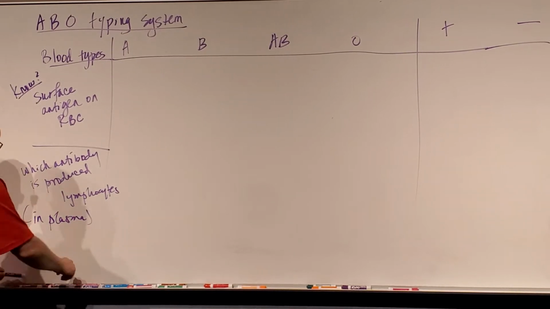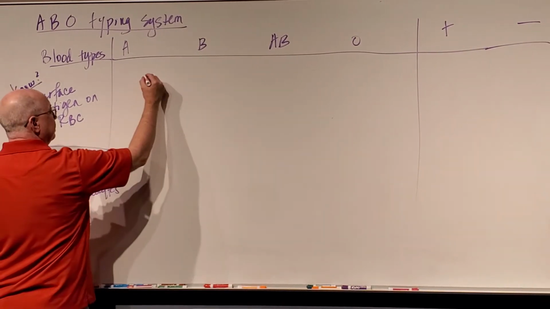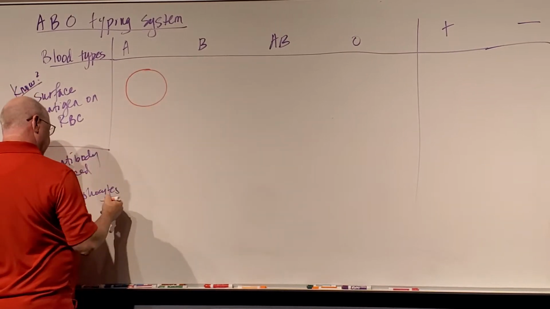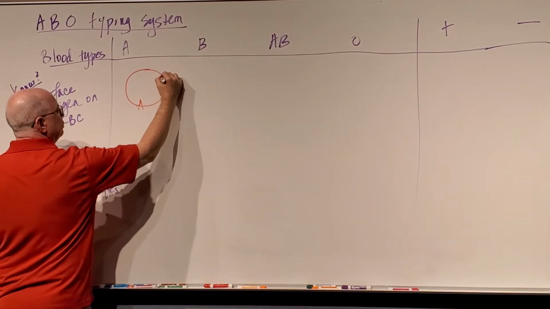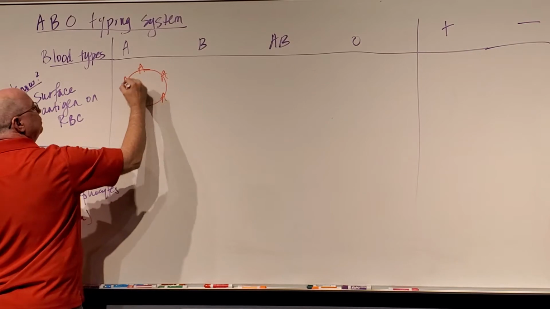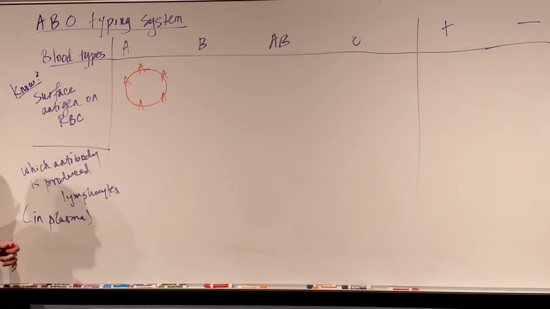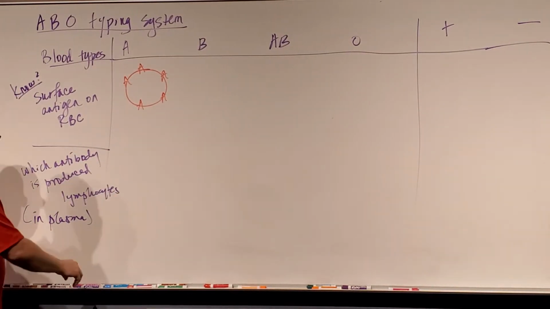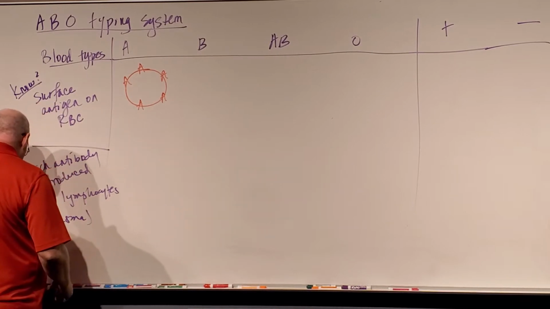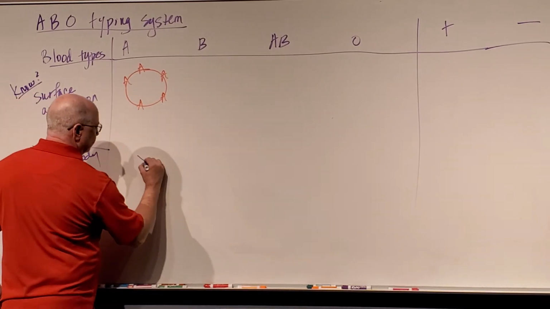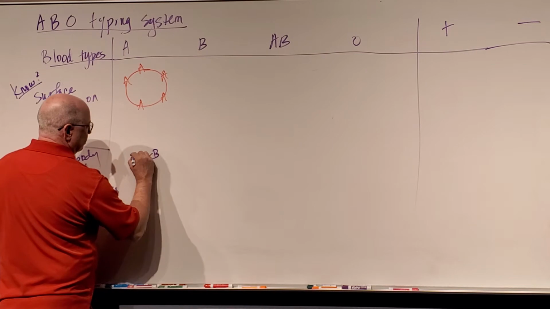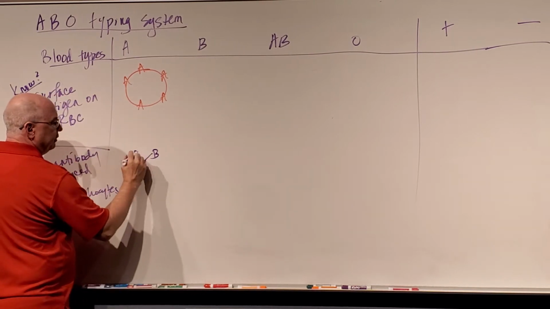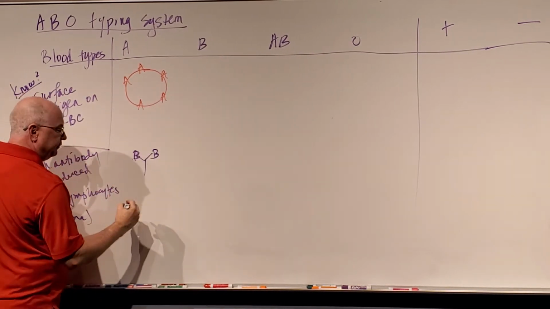So now, if I have type A blood, my red blood cell is going to have little proteins on the surface that we're going to designate with the symbol A. They really don't look like that shape. It turns out that your lymphocytes will automatically make antibodies that are going to be against a B surface antigen.